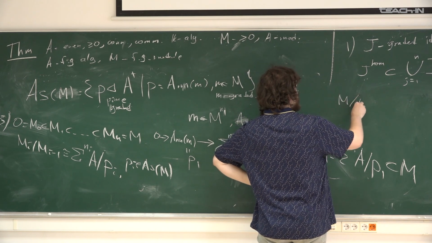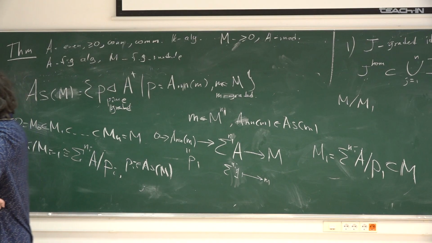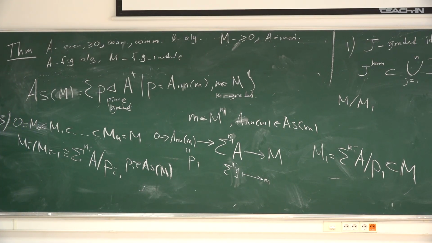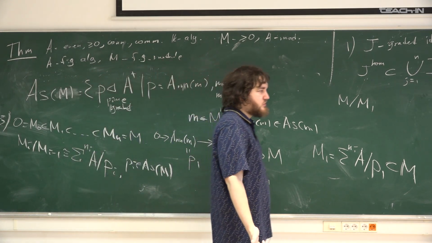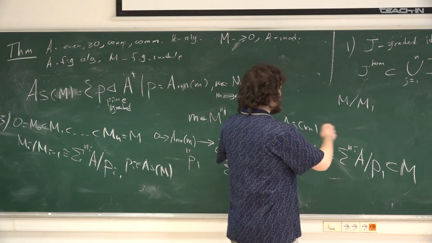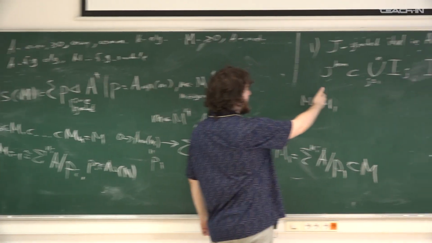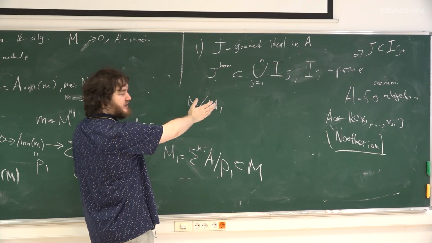M modulo M1. Again, as all my positive-degree elements are zero divisors in M, they are zero divisors in the quotient, and so I can do this step again. I consider some element with maximal annihilator in this quotient, which is prime, and consider the same thing.